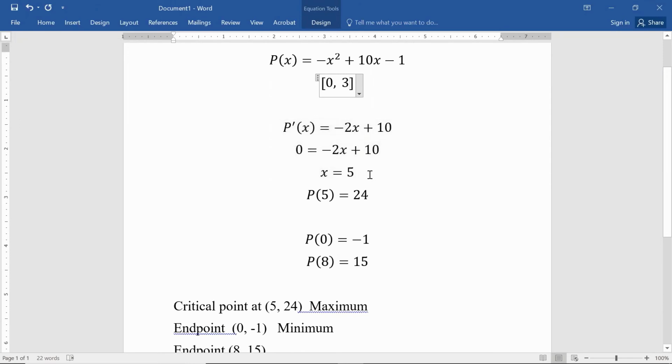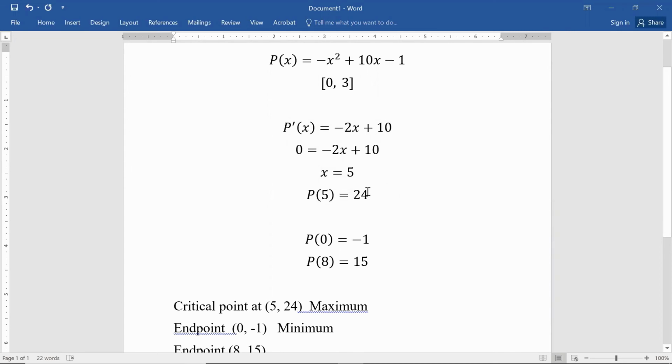I would find my critical values using the same technique. You can see I get a critical value of 5. Notice that 5 does not fall in this interval.